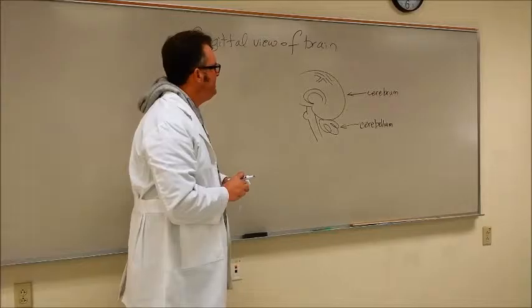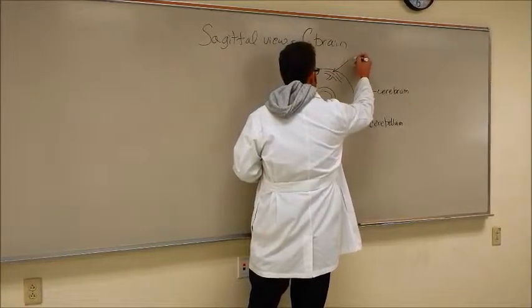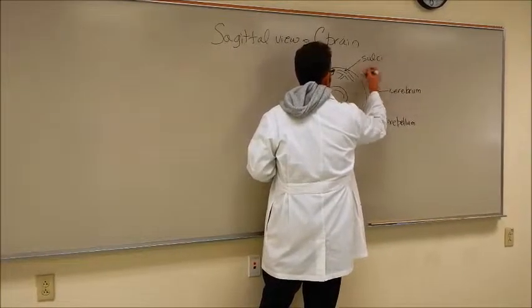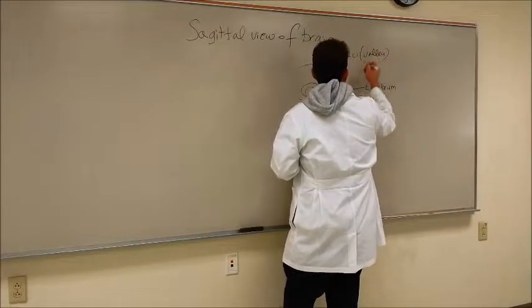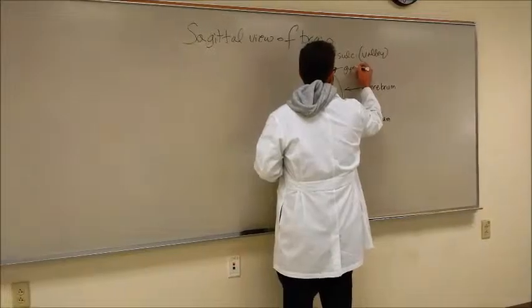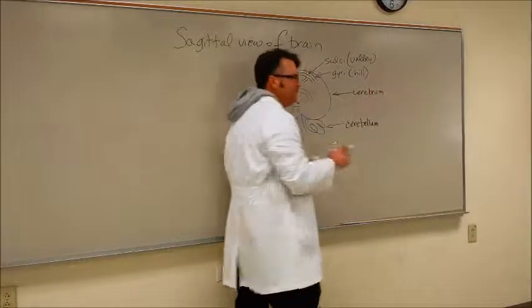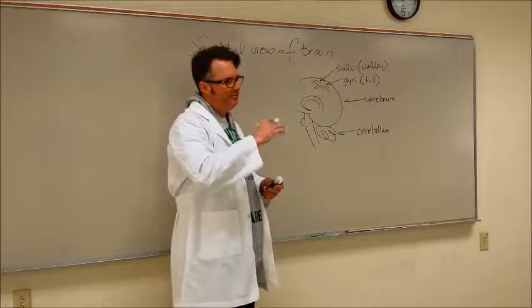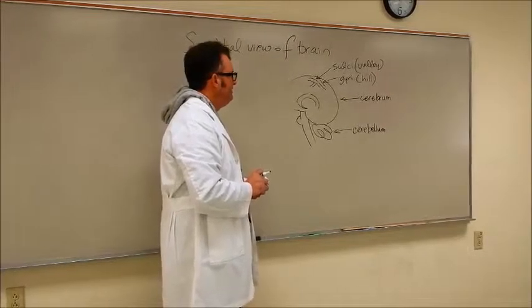And we say that the valleys are called the sulci, and the hills are called the gyri, or a gyrus. So a hill is an outward folding, and the sulcus is an inward folding.